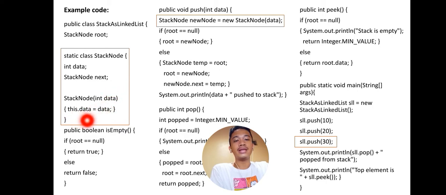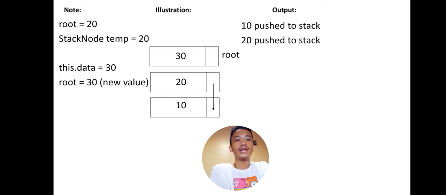So this dot data is equal to 30 since data is equal to 30. So for the illustration, our root now is 30. Before, our root is 20. So our root now is 30.